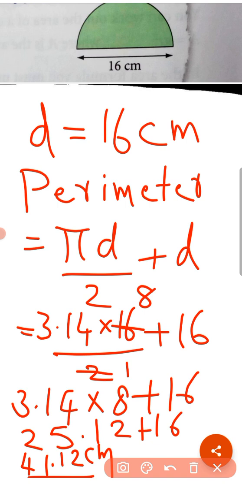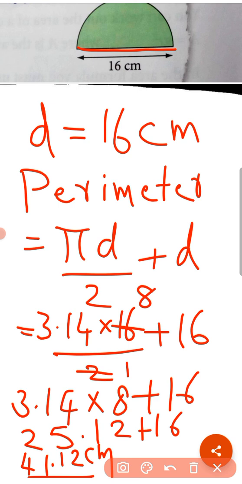Here the diameter is given, that is 16 centimeter. So we can use this formula, perimeter is equal to pi d by 2 plus d. Substitute the values, pi 3.14, d 16. So 3.14 into 16 divided by 2 plus 16.